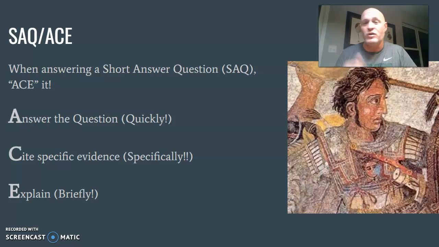How do you do that? You can go over your notes, you can reread, you can look back through the pictures in the textbook, read around the text. That always helps me to reacquaint myself, but it's going to help for you to have a full well of historical terms and knowledge in order to answer these questions, cite specific evidence, and explain your answer.